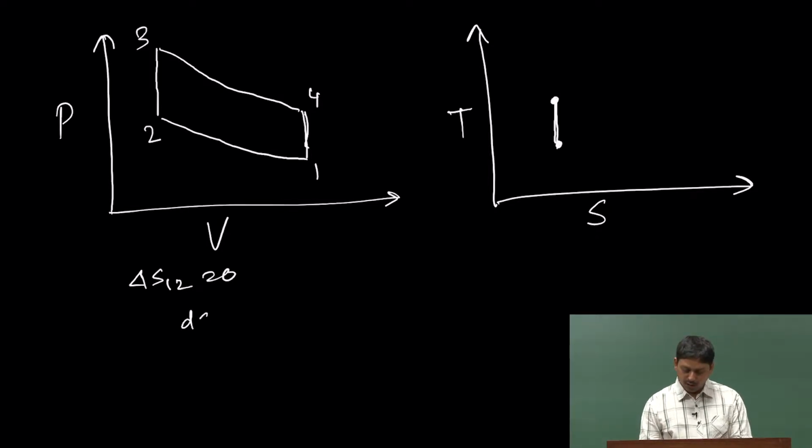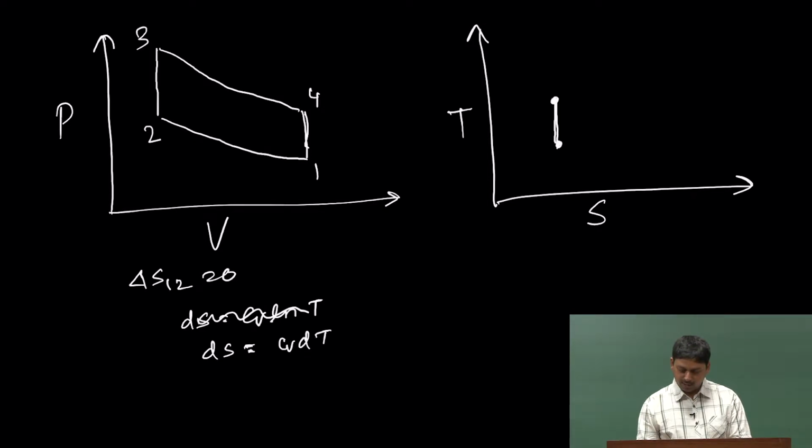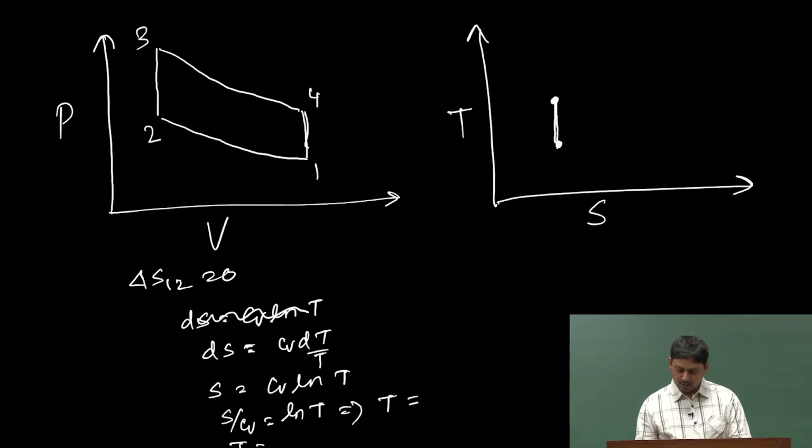We know that in 2 to 3, dS is dq reversible by T, which is Cv dT by T, and S is Cv ln T, which means that S by Cv is ln T, and T is e to the power S by Cv.